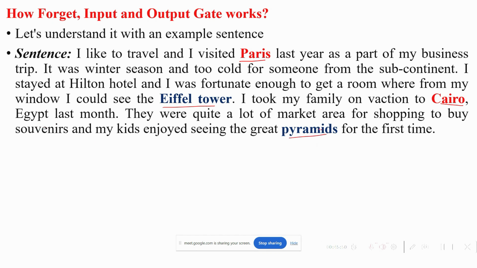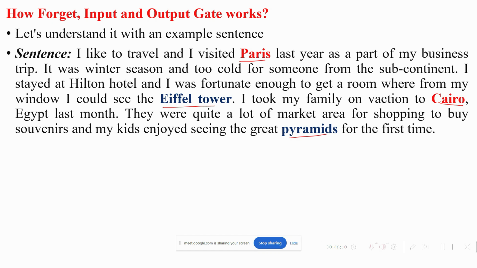So now I want to generate a new sentence to summarize this paragraph in one or two lines. Here a lot of words, a number of sentences and lines are there. I want to summarize this message in a shorter form.